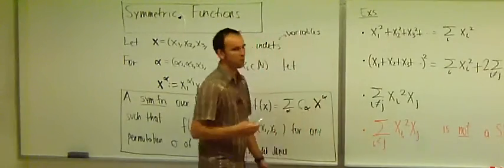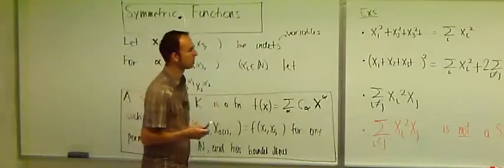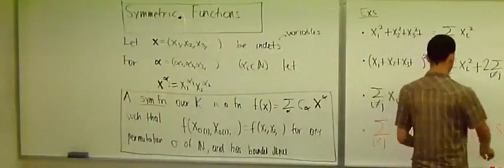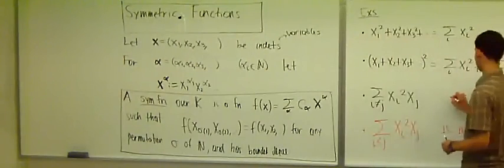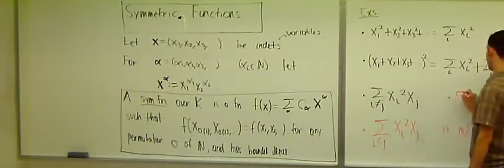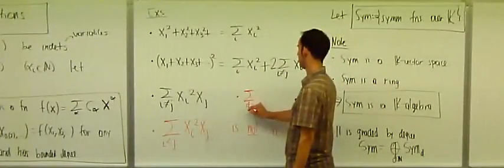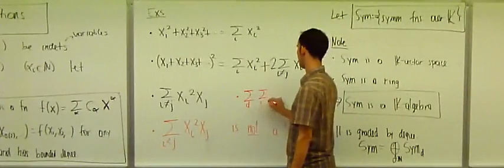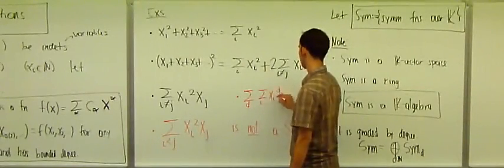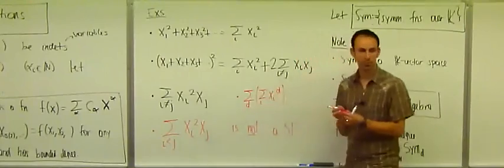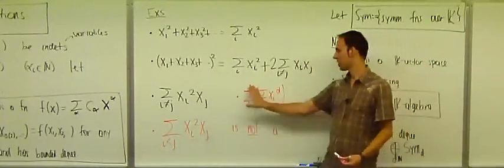Okay. So what I mean by that is, let's write another non-example. For example, if I take the sum over all degrees and then the sum over all variables of xi to the d, then each one of these individually is a symmetric function.